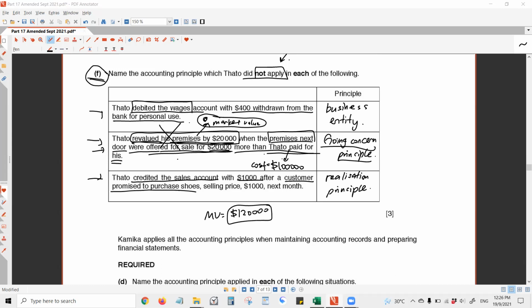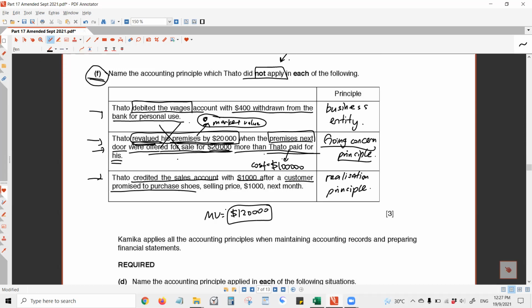Maybe one of the shops is haunted, then that's another case. But generally, all the shops in a row should be for sale at almost the same price. That's why Tato revalues to present it at the market value. You get what I mean? That's why we say that Tato has not applied going concern principle.